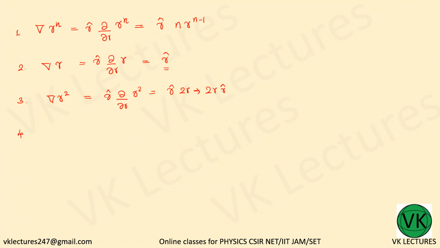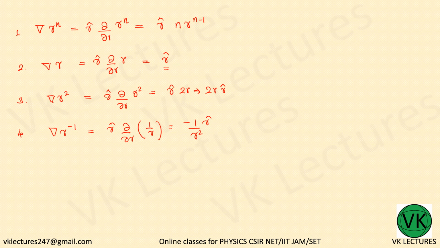Similarly, del r power minus 1 is r cap dou by dou r of 1 by r, which is minus 1 by r square in the direction of r cap.